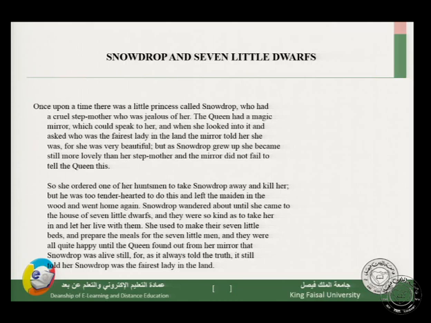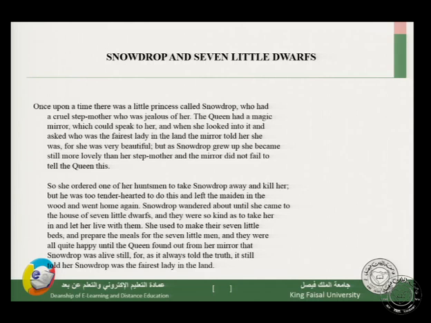But this little princess had a cruel, bad, and evil stepmother who was very jealous of the princess, and every time she used to ask a magic mirror who's prettier, who's more beautiful, me or Snowdrop.